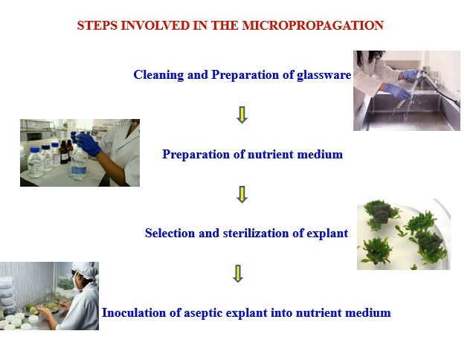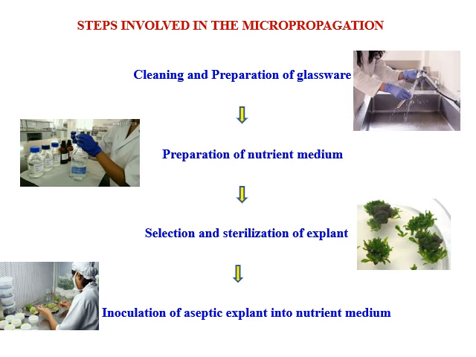The glassware which we are going to use for the plant tissue culture technique, from explant preparation to hardening, includes test tubes, beakers, culture tubes, and so on. It should be cleaned in a very hygienic manner.